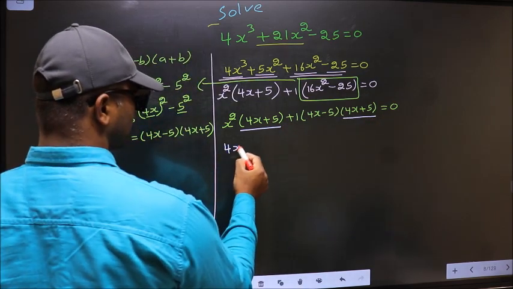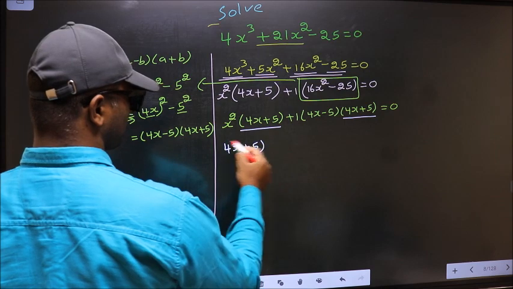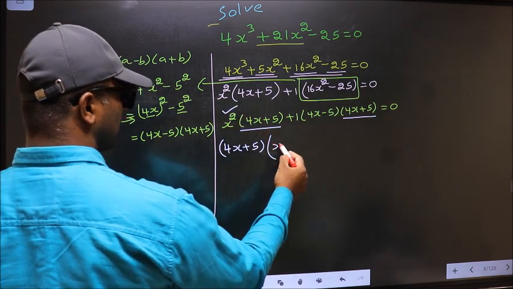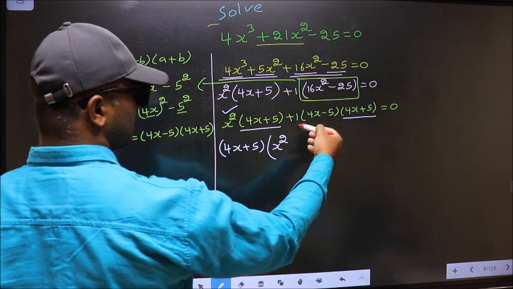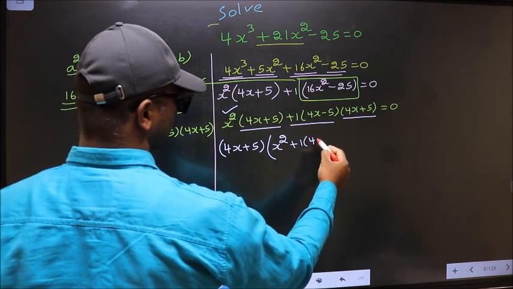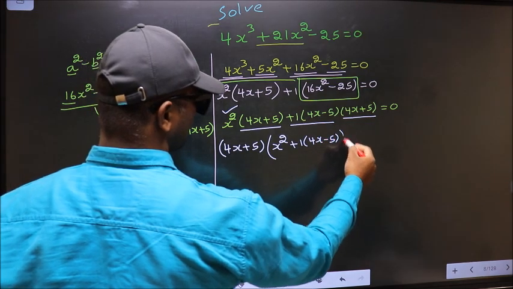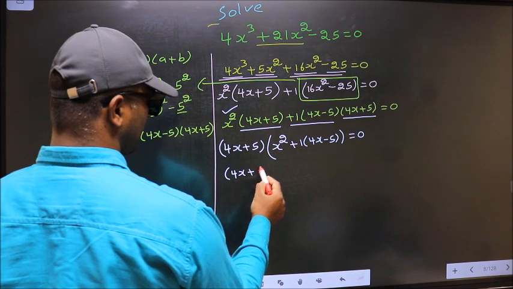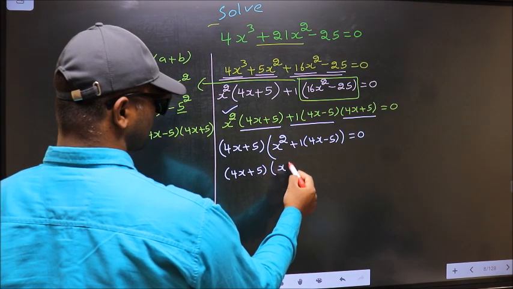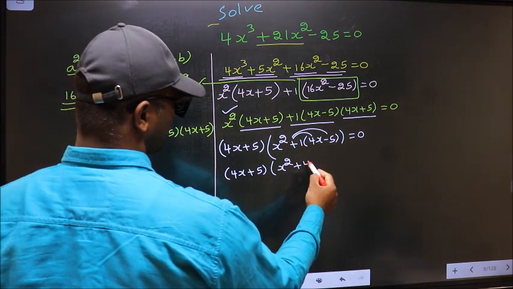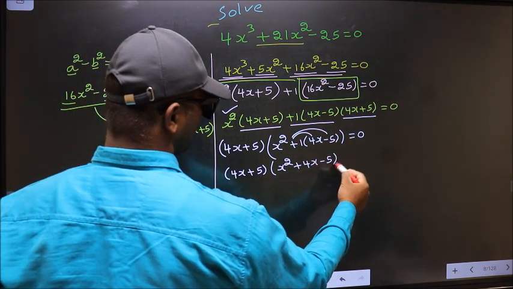So (4x + 5) outside. Over here we are left with x², and here we are left with +1 times (4x - 5) = 0. Now (4x + 5)(x² + 4x - 5) = 0, after opening up the brackets.